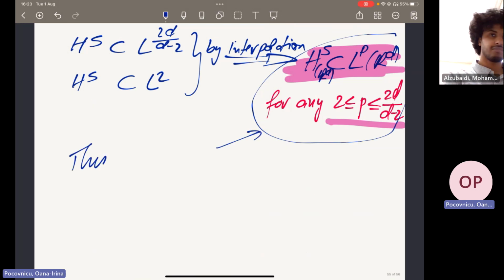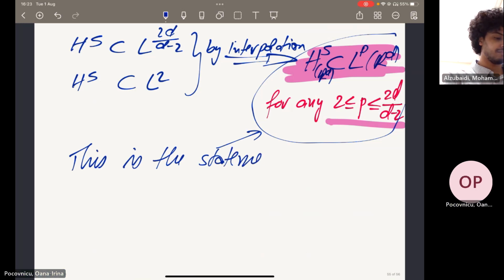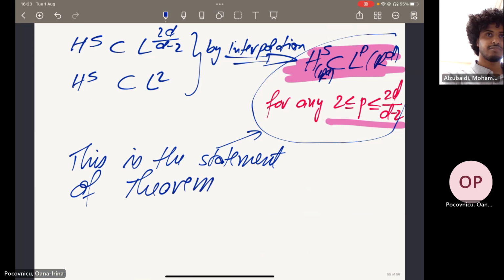This is the statement of theorem 3.2.1. Ah, sorry, I forgot s everywhere: it should be D minus 2s. Yeah, s.